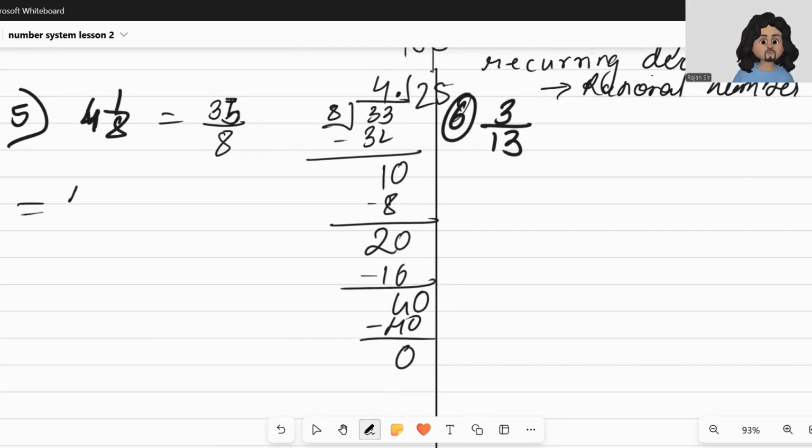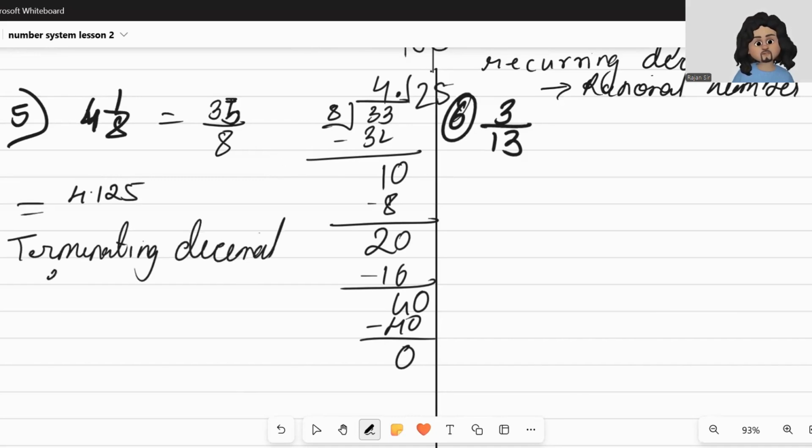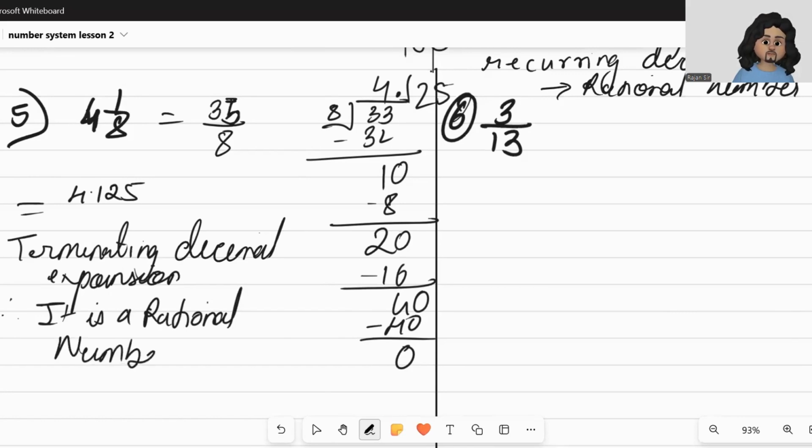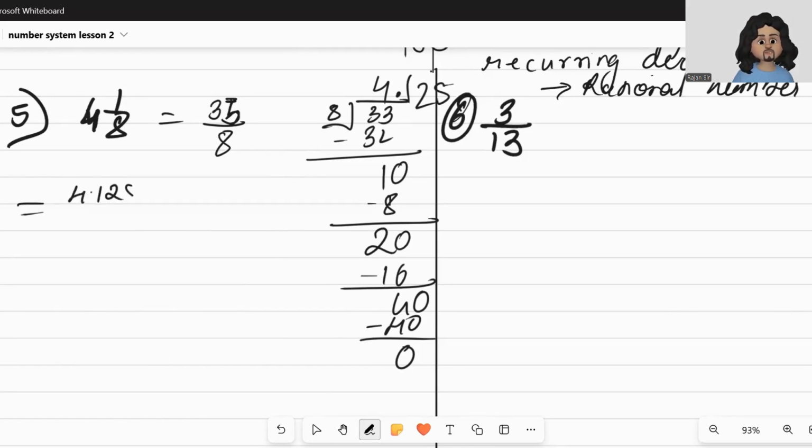So this answer comes to 4.125 and it is terminating. So we have a terminating decimal expansion, therefore it is a rational number by definition, of course.